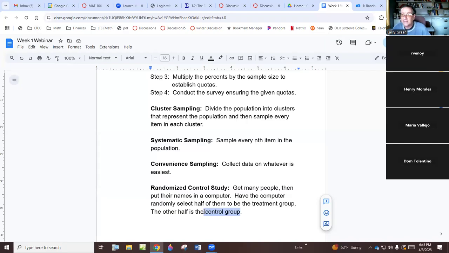Okay, and that's what they really did, by the way, for the original study. And any guess on what they found out? Hopefully you all know. I don't see you guessing.